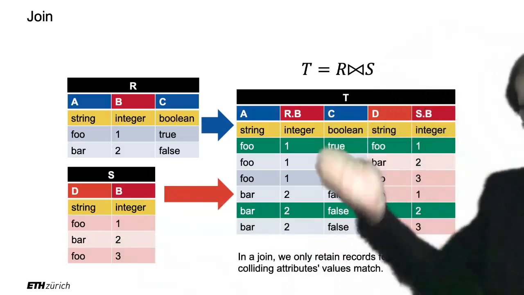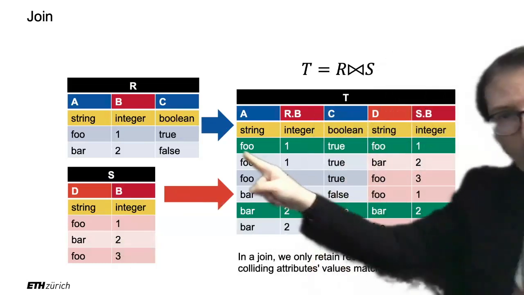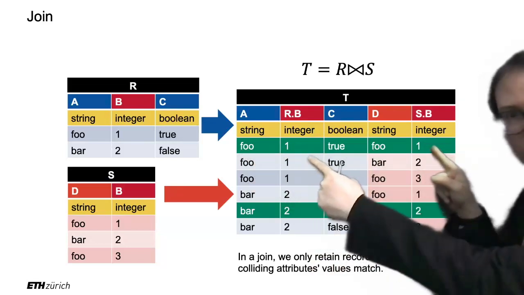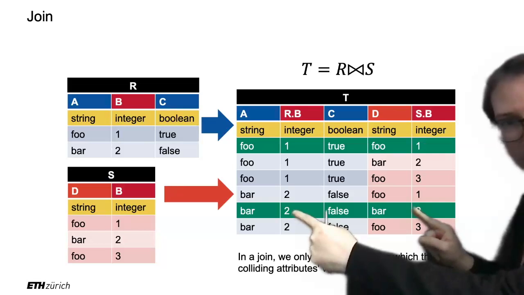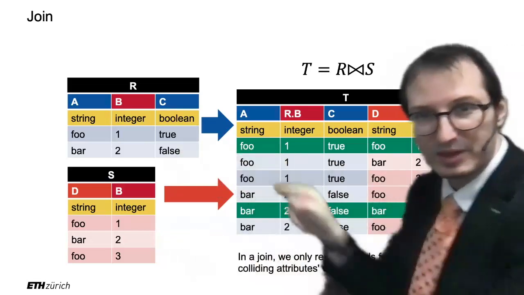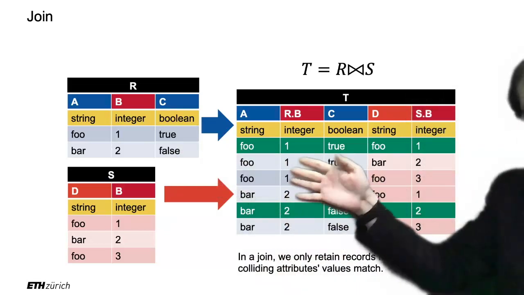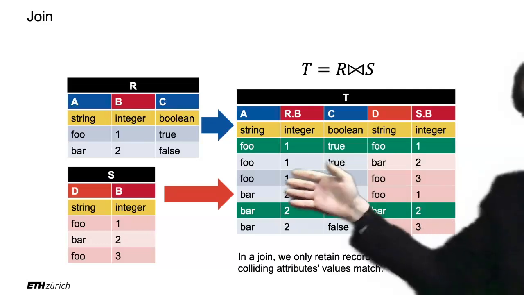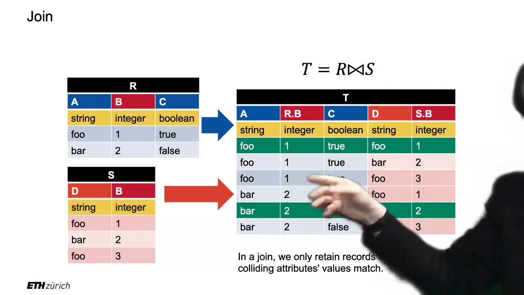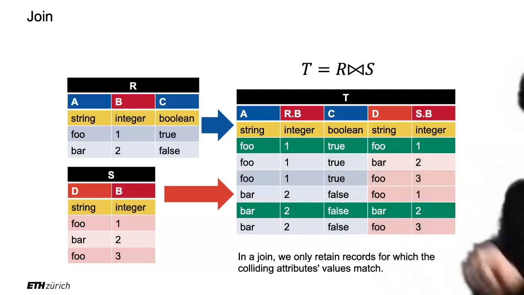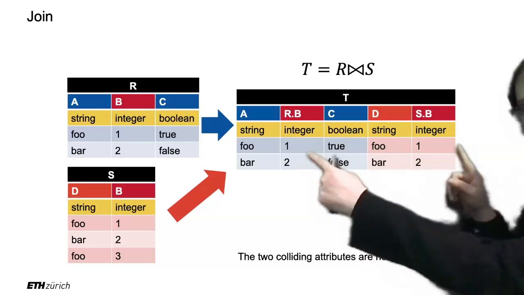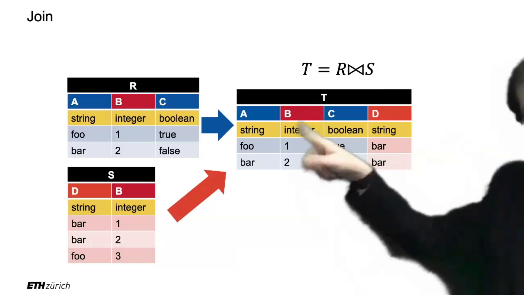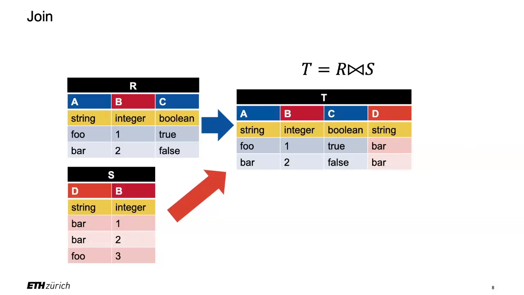So it means that if you look at all possible combinations, only this combination with the 2 matching is interesting to us. And this combination, which corresponds to these 2, is interesting to us. These combinations that would have been part of the Cartesian product, we forget about them, we drop them because they do not match, right? So we only retain these 2, right? And then because anyway, these 2 match, we merge the columns. We just keep B. Who is with me?